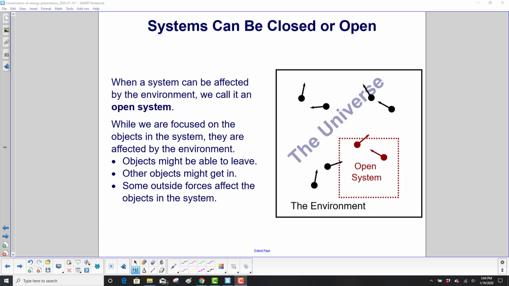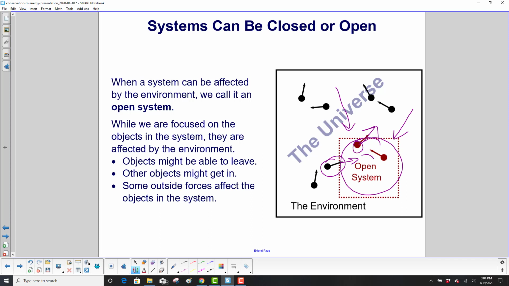When a system can be affected by the environment, we call it an open system. And in this case, particles can come in, we can have objects leave, and some outside forces, not all, can affect the objects in the system.